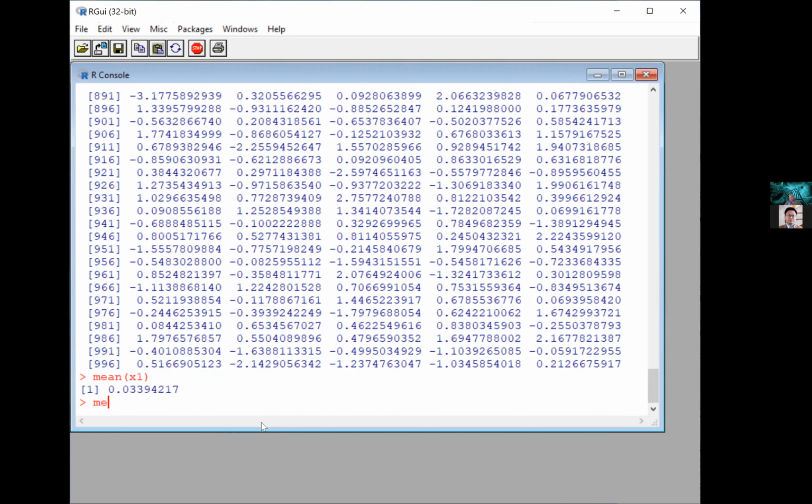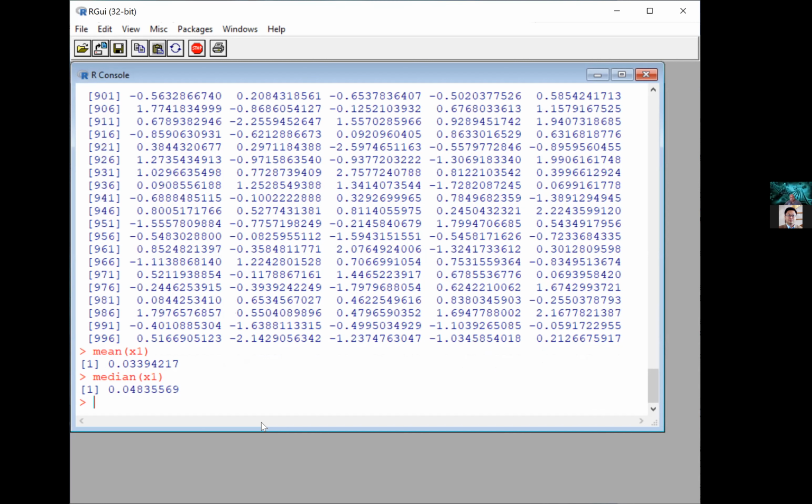What's the median? You got two values, the mean and the median. They're not too far from each other, they're actually kind of close. So what would that tell you about your data set? You need to ask that yourself, given what we learned about the mean and the median recently.